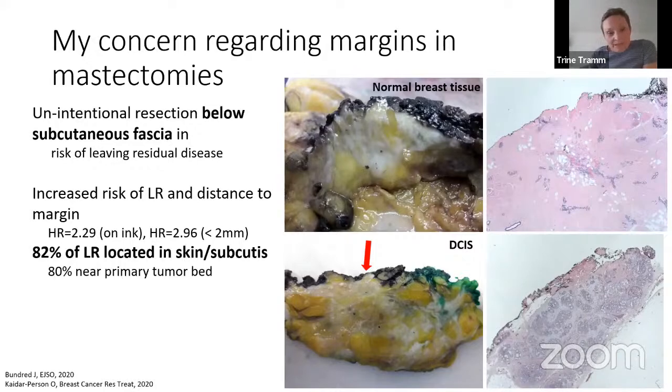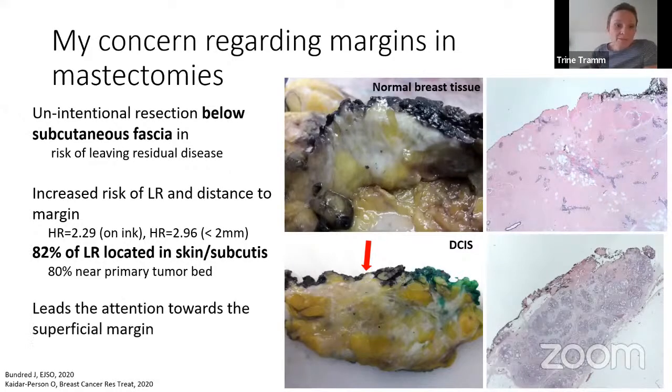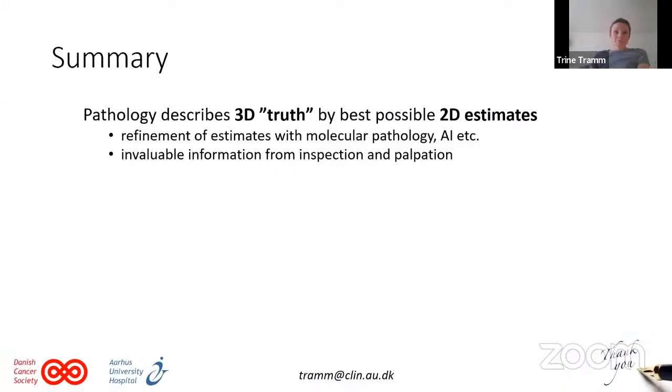In the majority of cases, these local recurrences are located in the skin or subcutaneous tissue, and the majority also near the primary tumor bed. So this, to me, definitely leads the attention towards the superficial margin, and I would very much like to use this opportunity also to say that I think we should, as a multidisciplinary team, work to create more evidence on this problem, especially since we're seeing a lot more subcutaneous skin-sparing mastectomies.